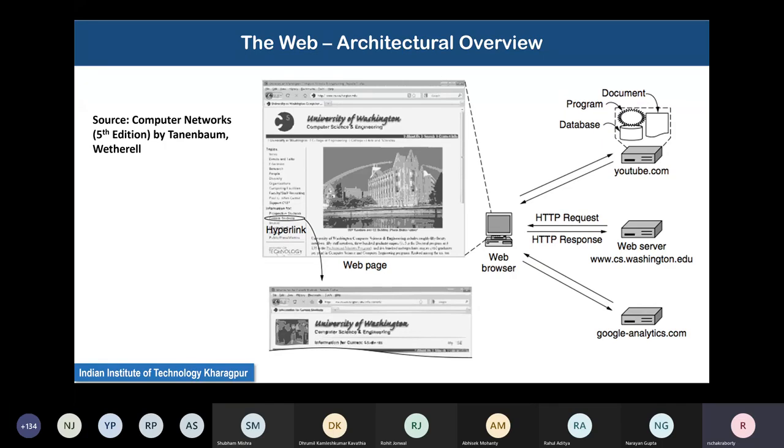Some of them is they will send back certain scripts which will be executed by your browser on the client side, and sometimes you fill up a form and submit something which goes back to the server and gets processed there. So this bidirectional transfer of data is possible.